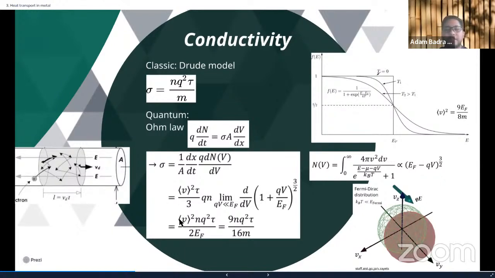So you can take the derivative. Okay, this factor 1/3, what is this? It's just that v squared is the absolute value of velocity, but the velocity here is only in one direction. So if you are averaging, there is x, y and z contribution.